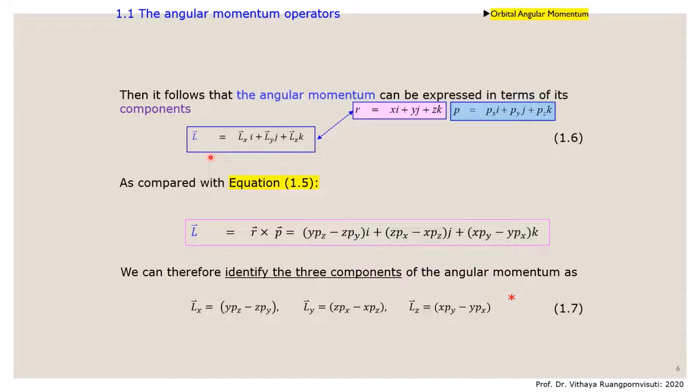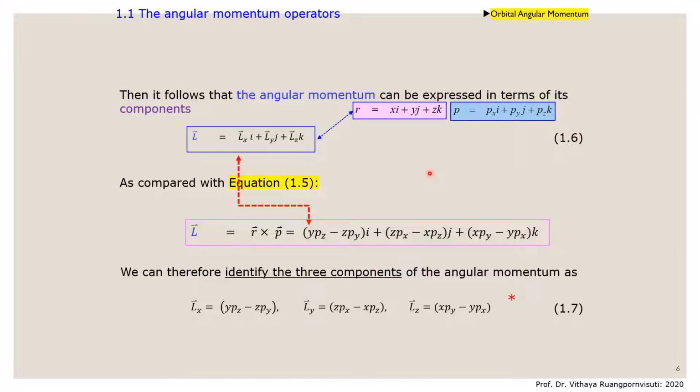Angular momentum is equal to the component Lx multiplied with the i vector, plus Ly multiplied with the j vector, plus Lz multiplied with the k vector.